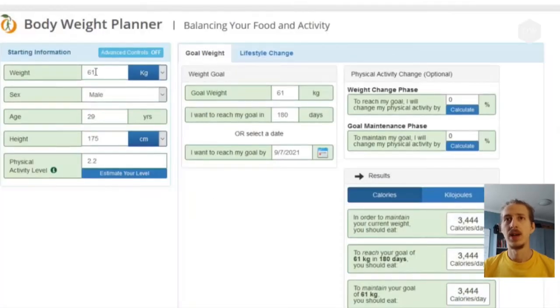Here I have my weight set at 61 kilos, goal weight 61, so there is no change here, as you can see. But now I change it and put in 65 kilos. What you want to consider now is how fast you want to reach that goal. Is it possible in 180 days? Well, anyone who gained weight and struggles with weight loss will tell you that they can do that in 2 days.